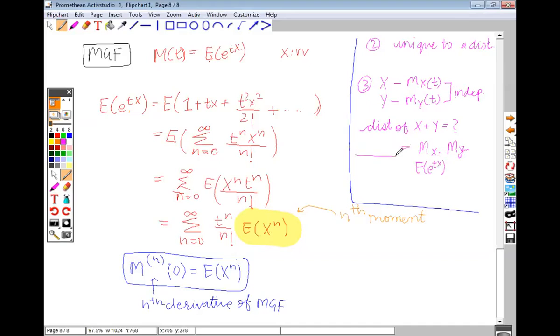Suppose x plus y is equal to z, then it will give us MZt. Yeah, exactly right. So I'm figuring out the MGF for x plus y here, and you will get some answer. And once you know the MGF of x plus y, again using the fact that MGFs are unique for each distribution, you can determine the distribution of x plus y.